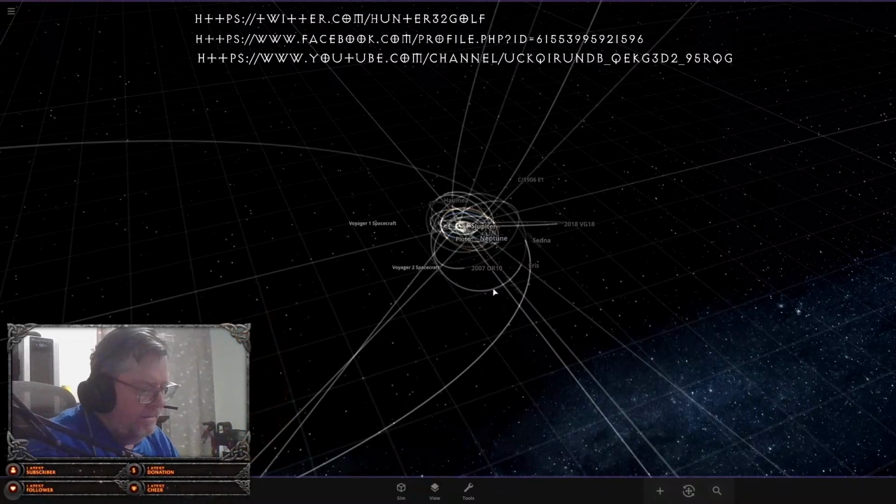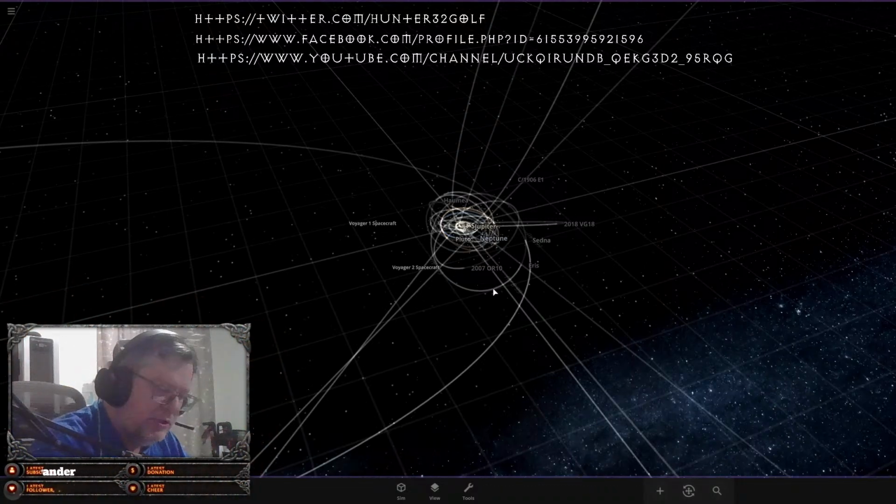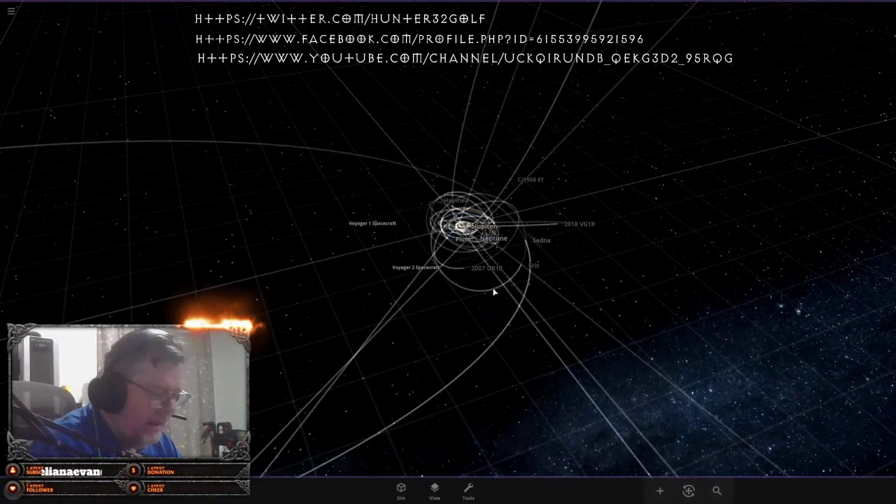Now, that magnetic field protects us from the interstellar medium, which is just a bunch of plasma, very much similar to the sun itself, only not as dense. I don't even know what the density would be, but it's really slight.